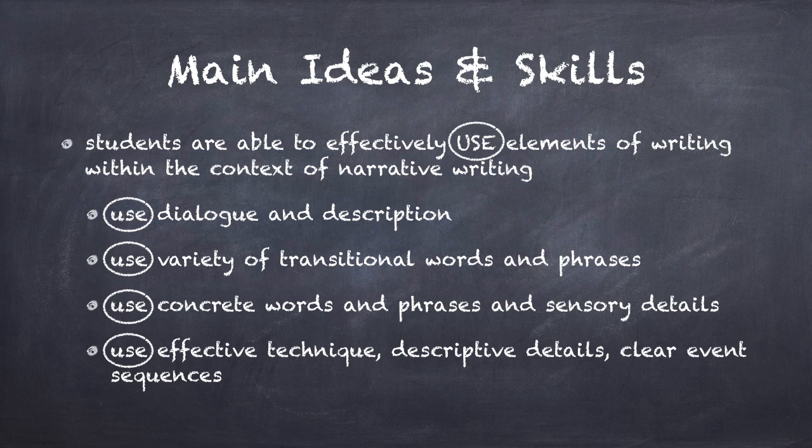Also within this standard, I think that I would want students to be using some 21st century skills. They'd need to be creative in order to successfully master this standard.